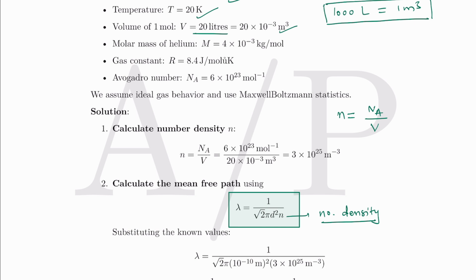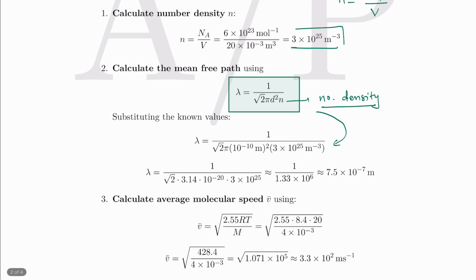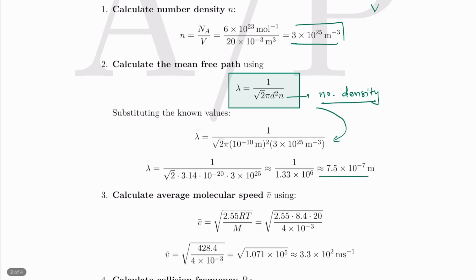Na is Avogadro number. So the number density in this case is going to be 3 multiplied by 10 to the power 25 per meter cube. Now we have all the known values and we are just going to substitute, use our calculator and finally get that your mean free path is around 7.5 multiplied by 10 to the power minus 7 meter.